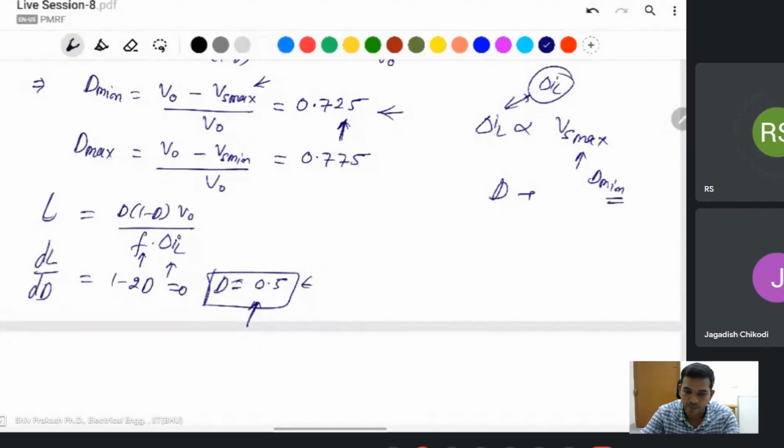I'll give a maximum of 10%. You can't exceed this one. Then what is the value of this? If you reduce the value of L from L minimum, then delta IL will be increased beyond 10%. That's why you can take another way: VS is maximum. Okay, sir.